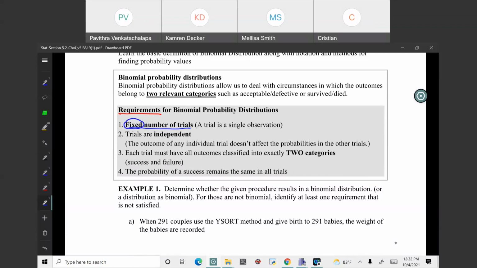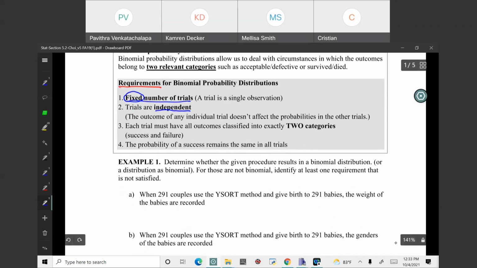And the trials are independent, which means they should not depend on each other or affect the other event. Trials must be fixed and independent, and they must be exactly in two categories.